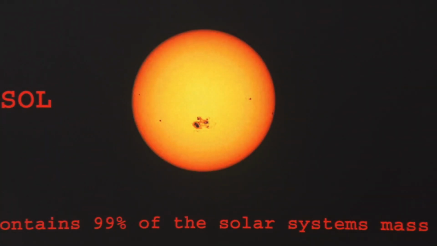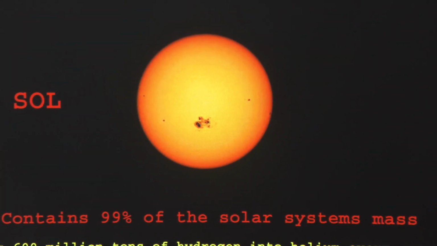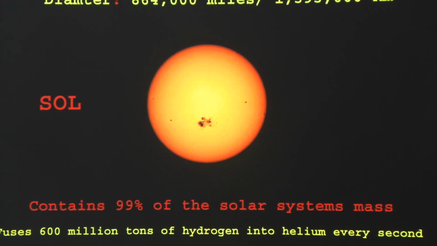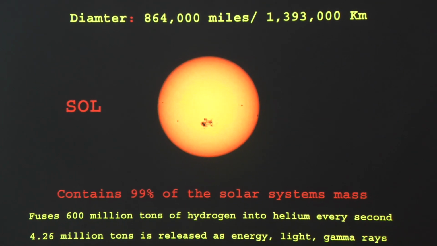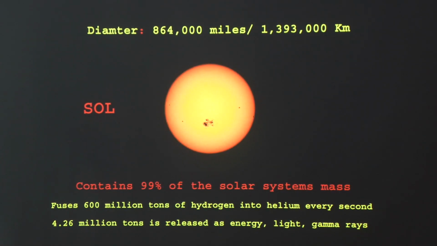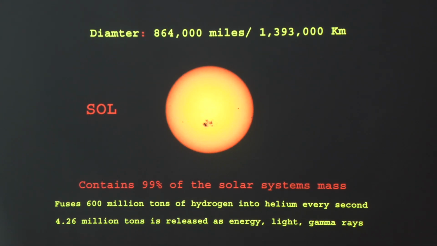And so here we go to our sun. We have our sun, Sol is its name. A little less than 1 million miles across, 864,000 miles in diameter. It contains about 99% of all the matter in our solar system. And the sun is fusing at the core. It's fusing 600 million tons of hydrogen every second into helium atoms.